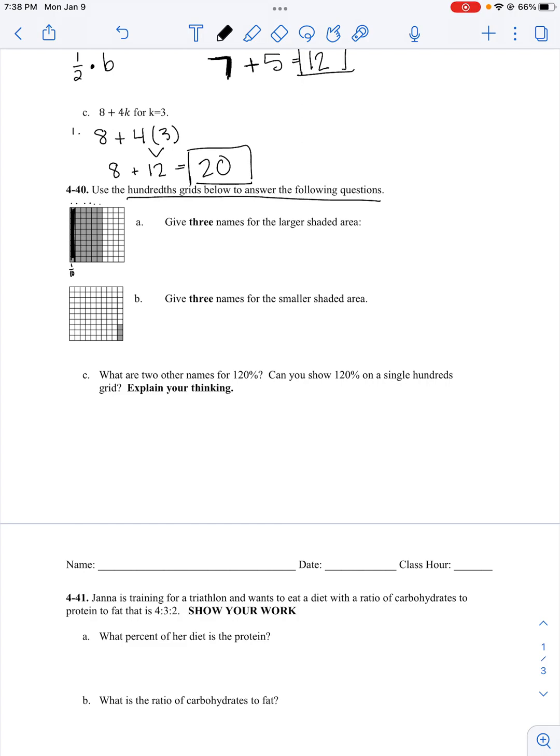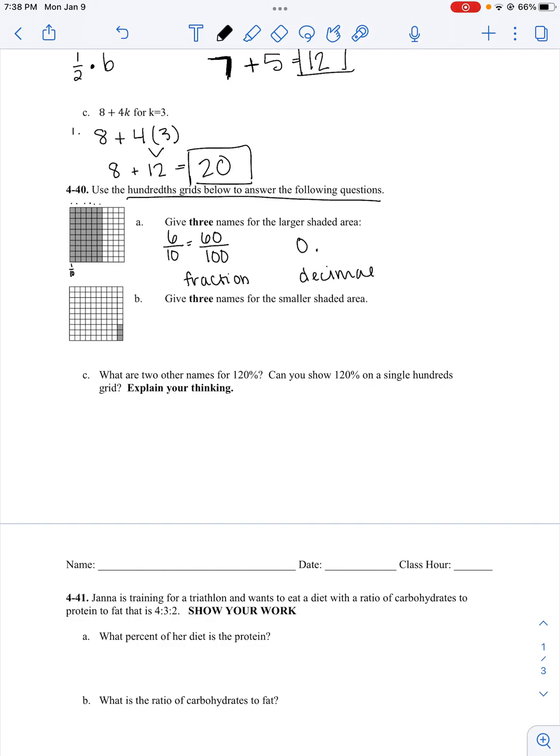So if I have 1, 2, 3, 4, 5, 6 columns, it's the same thing as saying 6/10, which is also 60/100. There are 60 blocks shaded in. Okay, that's my fraction.